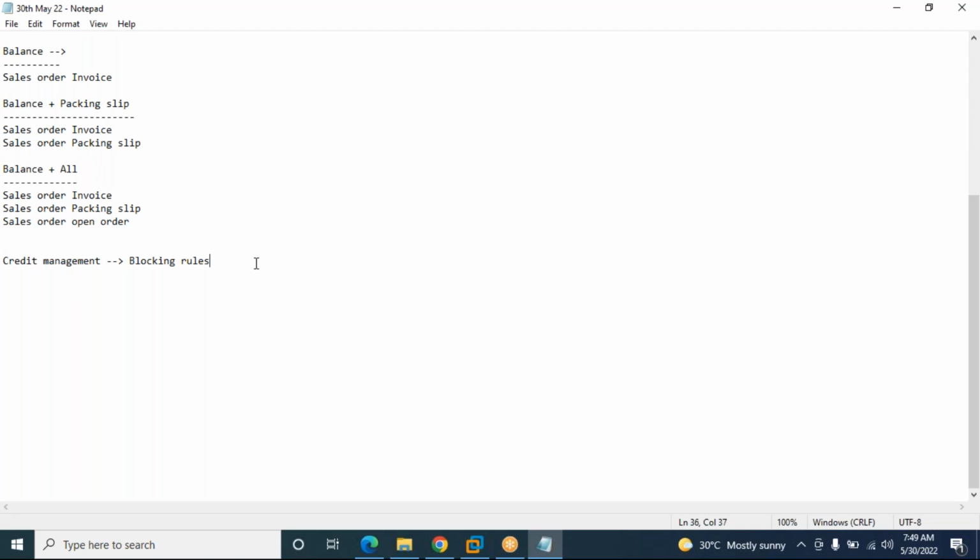If you don't know about blocking rules, you don't know. Normally, I'm asking why approval workflows were not required. So why do workflows for sales order not exist?